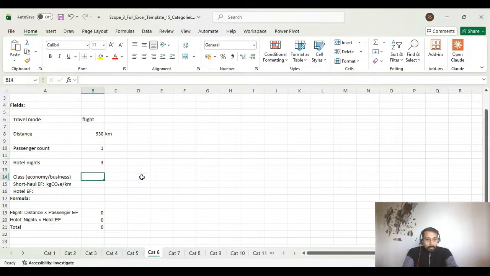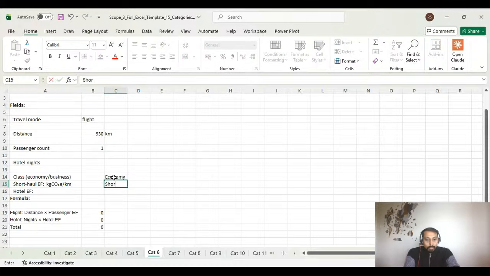For the class, economy or business, let's go for economy. Short haul or long haul. So for short haul, we are taking the short haul emissions factor.